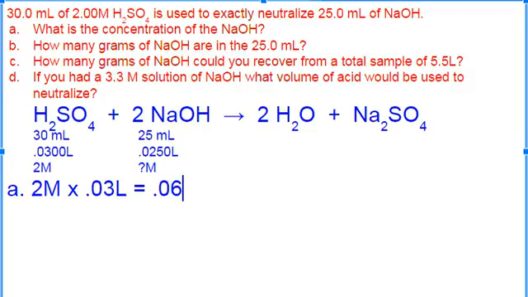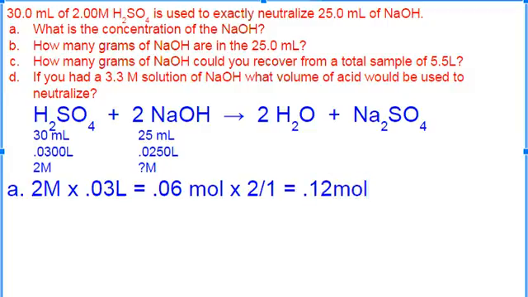I'm not going to worry too much about sig figs here, just in the interest of space. And when I look at my balanced equation, I see I have 2 moles of NaOH for every 1 mole of H2SO4. So I should expect that I've got 0.12 moles of NaOH.